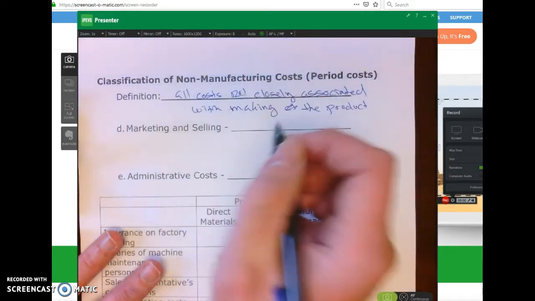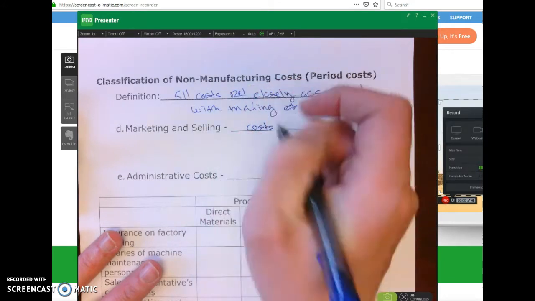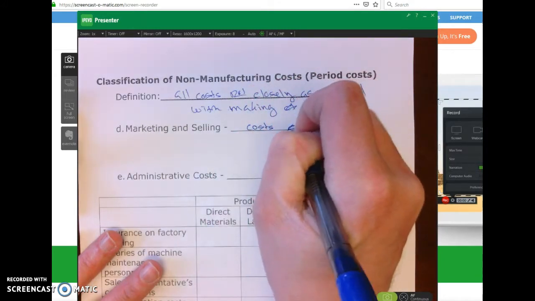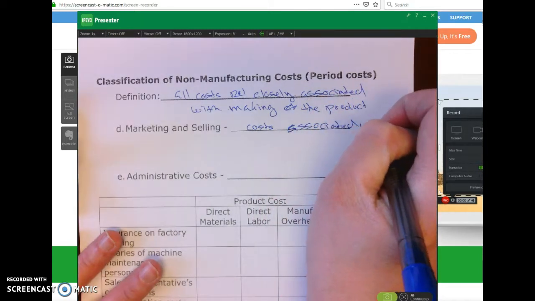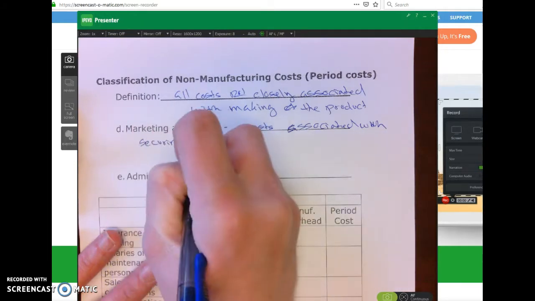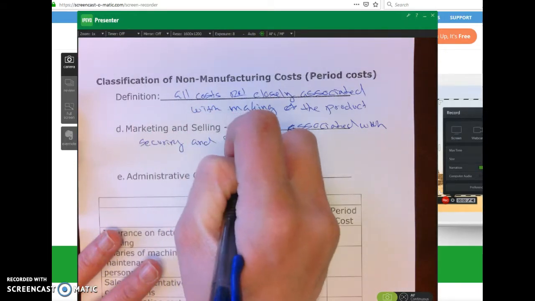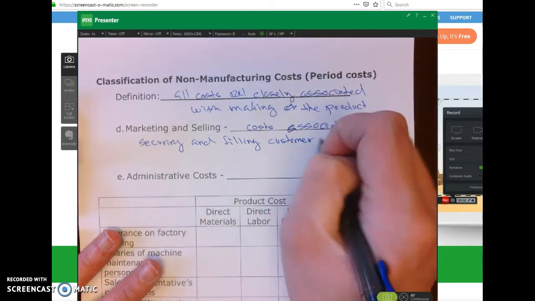We can define marketing and selling costs as those costs associated with securing and filling customer orders. Okay?